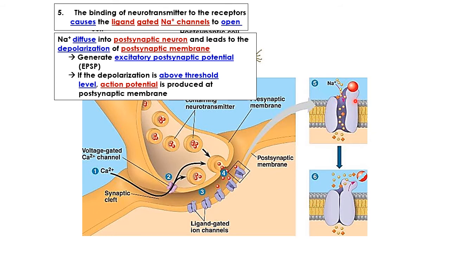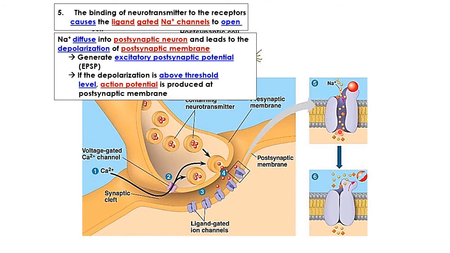This opening will cause influx of sodium ions into the neuron. The sodium ions, when influxed into the neuron, will cause depolarization of the second neuron, the postsynaptic membrane.